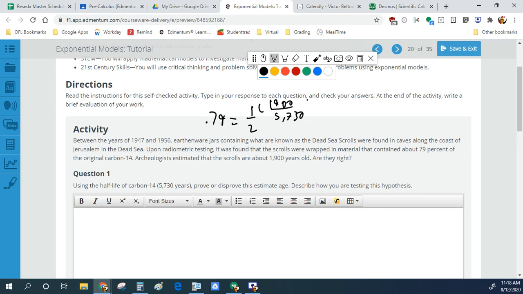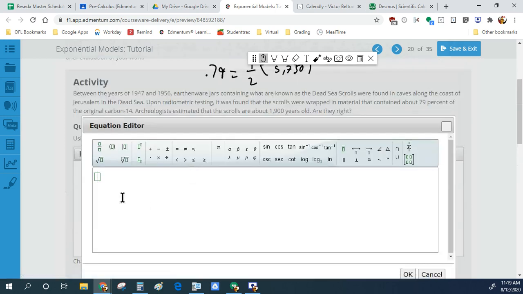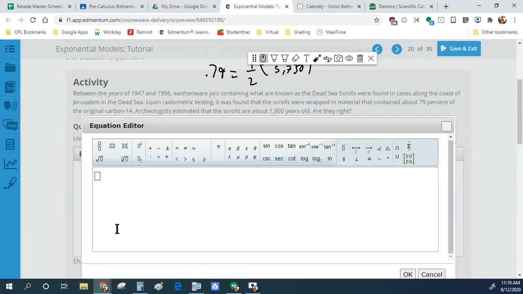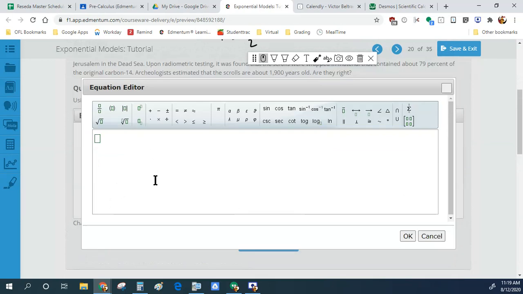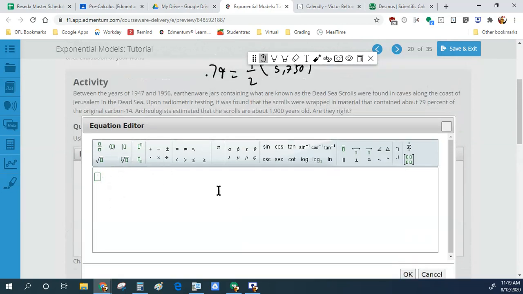Okay. So we're going to try to prove if this is true. If this is true, we can use the half-life formula, this half, and then we're doing this over the half-life, and we should get this 0.79. So what you would do here, again, when you're writing these, try to use your equation editor. I think it's a little better to use the equation editor than to use all of these symbols.